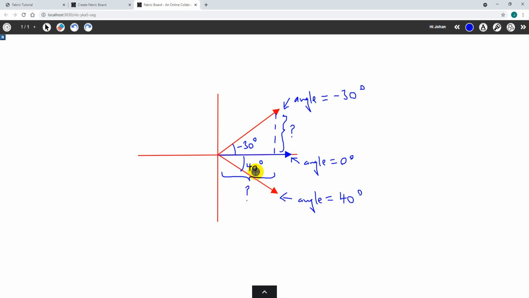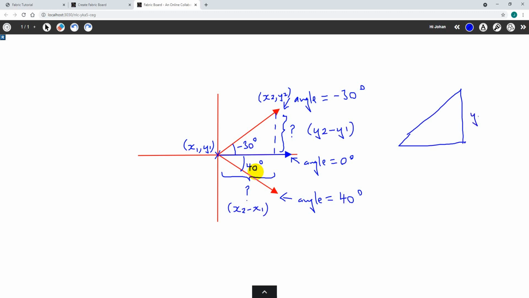We know that this point over here has coordinates x2, y2, and this point over here has coordinates x1, y1. So in order to find the vertical height, it's just y2 minus y1, and the horizontal width is x2 minus x1. Using these two, let me draw a right-angled triangle here.